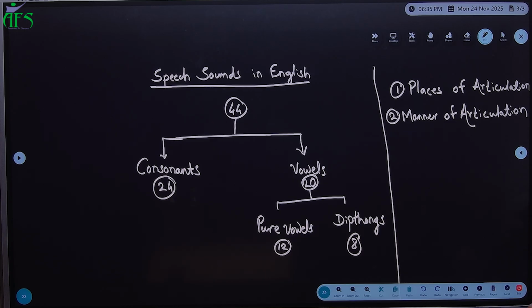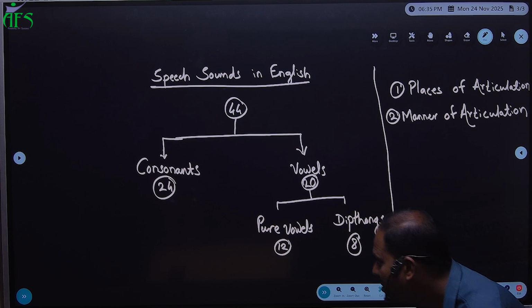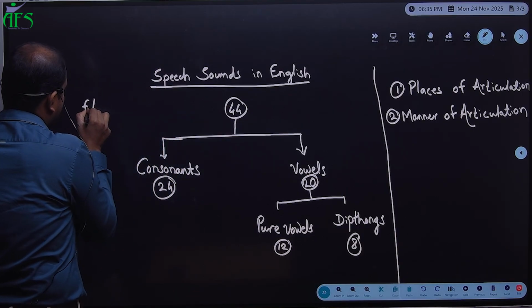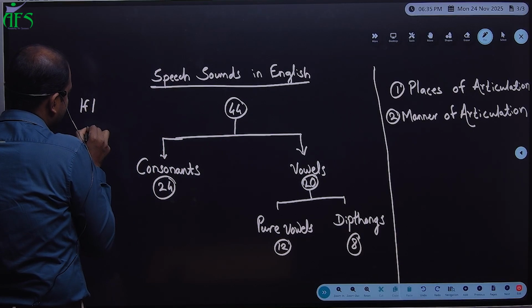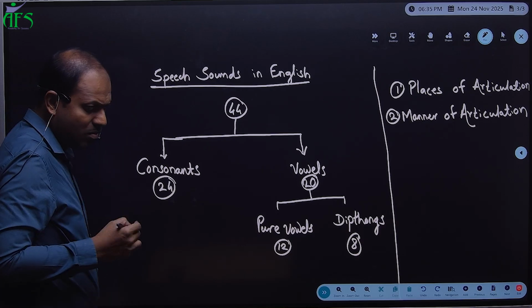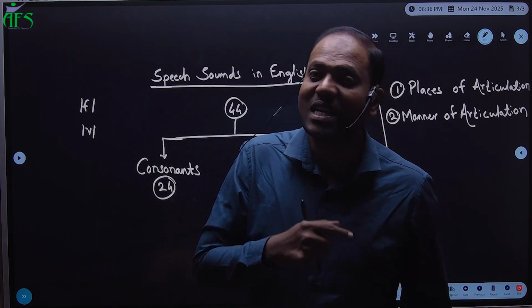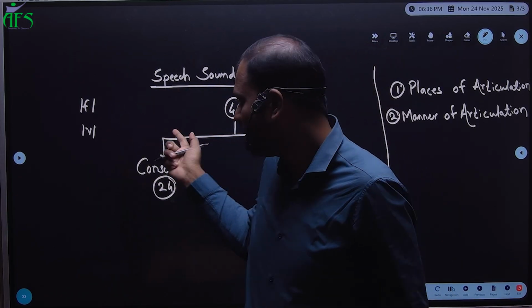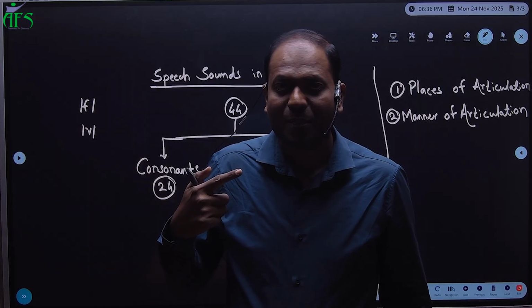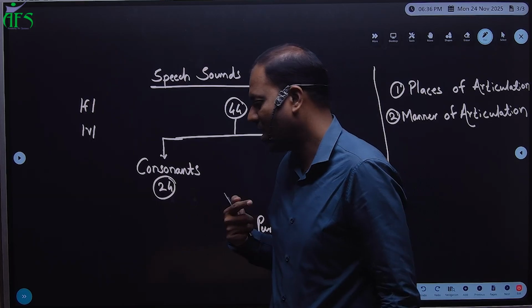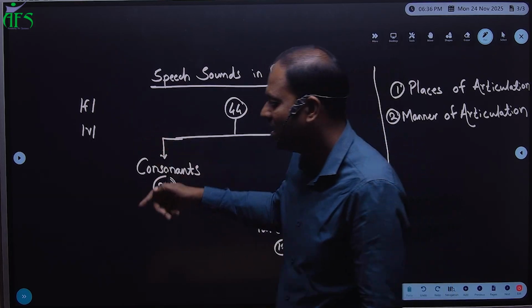So the sound f and the sound v. Your lower lip goes to the upper teeth to utter such sounds, f and v.